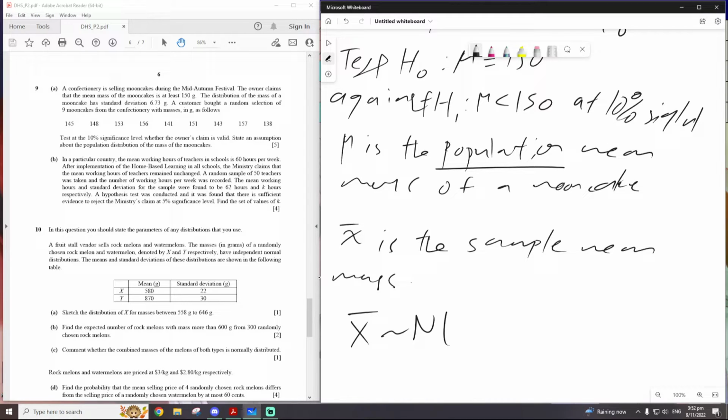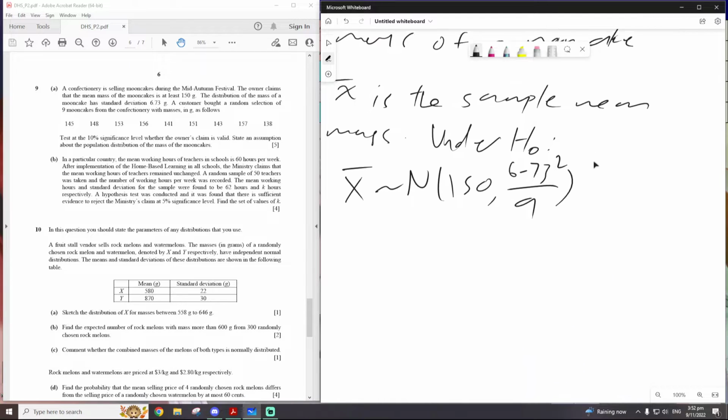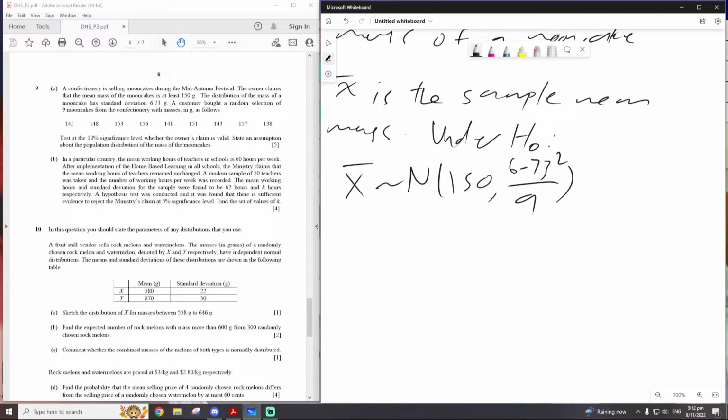We are under H naught. Under H naught, we are assuming that the mu is 150, so 150, and you take 6.73 square, divide by the sample size, which is 9. Then, of course, we standardize. You will get Z is X bar minus 150, divide by 6.73 divided by 3, which is normal 0, 1.